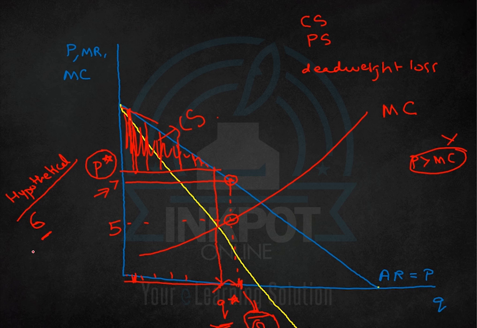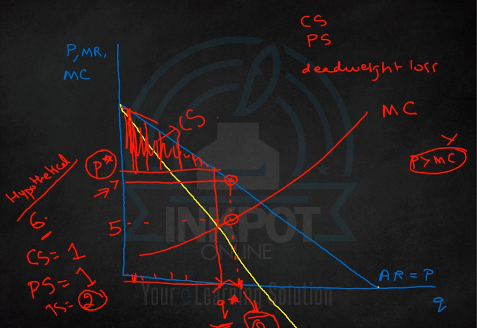So what will be the consumer surplus in that case? It will be 1, 7 minus 6. And what will be the producer surplus in this hypothetical case? It will be 6 minus 5. So total surplus for this next unit, the Q bar unit, is actually 2.